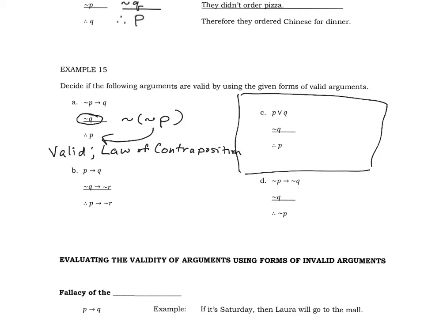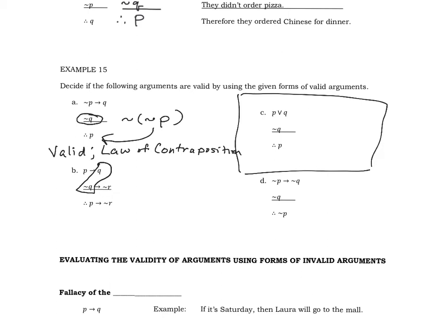All right, so let's look at B. If P, then Q. If not Q, then not R. Therefore, it follows if P, then not R. Well, can we say that, though? Doesn't look like it. So this doesn't follow the law of syllogism.